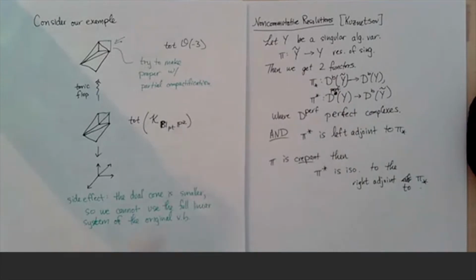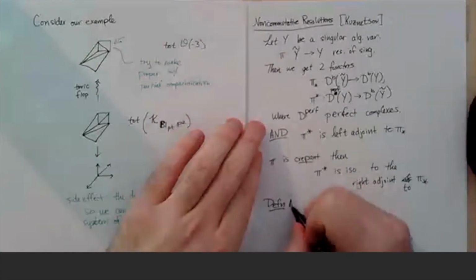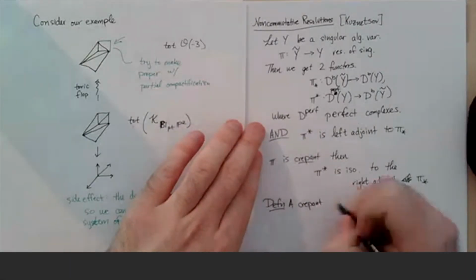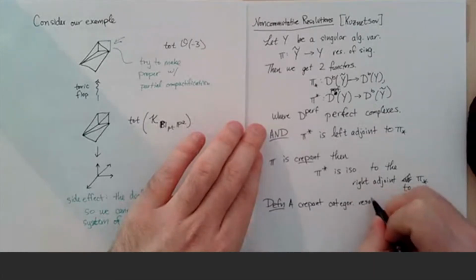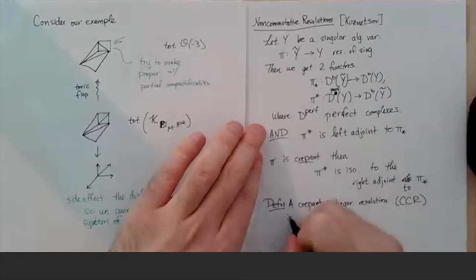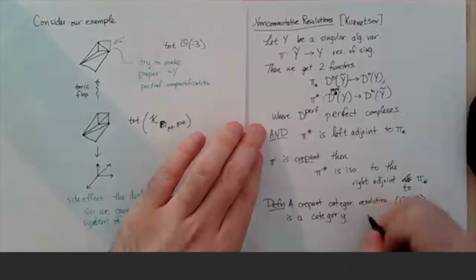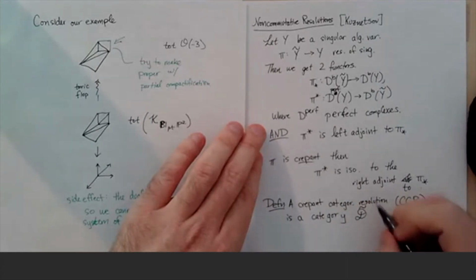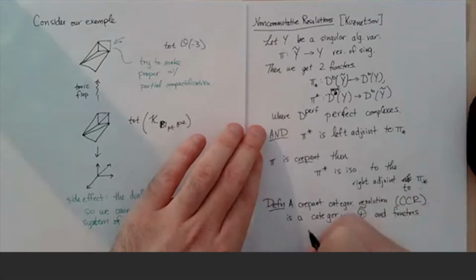Okay, so the definition, according to Kuznetsov, is a crepant categorical resolution, or a CCR, is a category that replaces a category, say, D twiddle, and functors that serve in the same way.